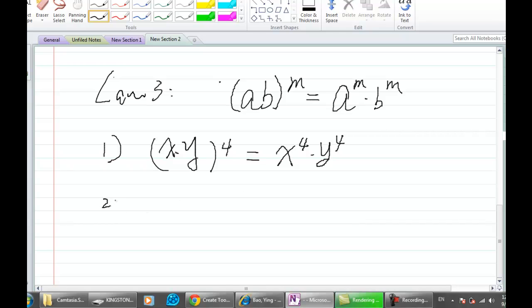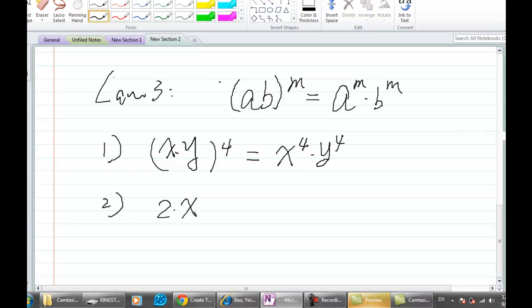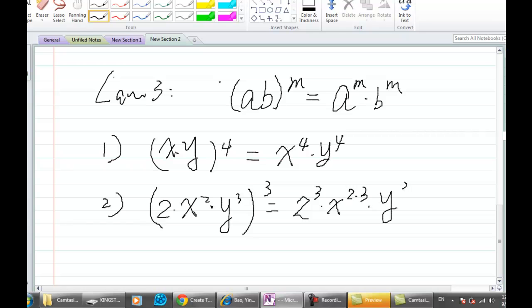Now let's move on to a little bit more difficult example here, for example 2 times x squared times y cubed, now parentheses cube, then we can get the 2 cubed here times x to the product 2 times 3 power times y to the product 3 times 3 power.